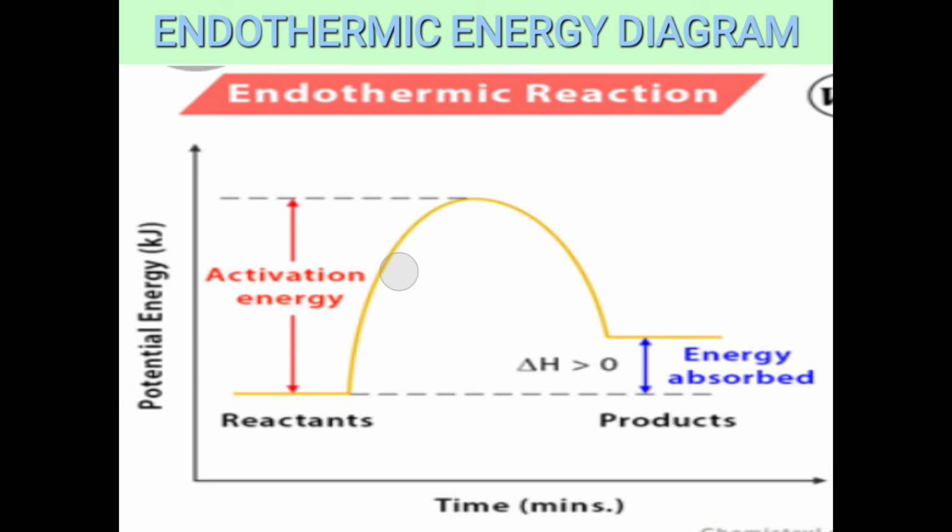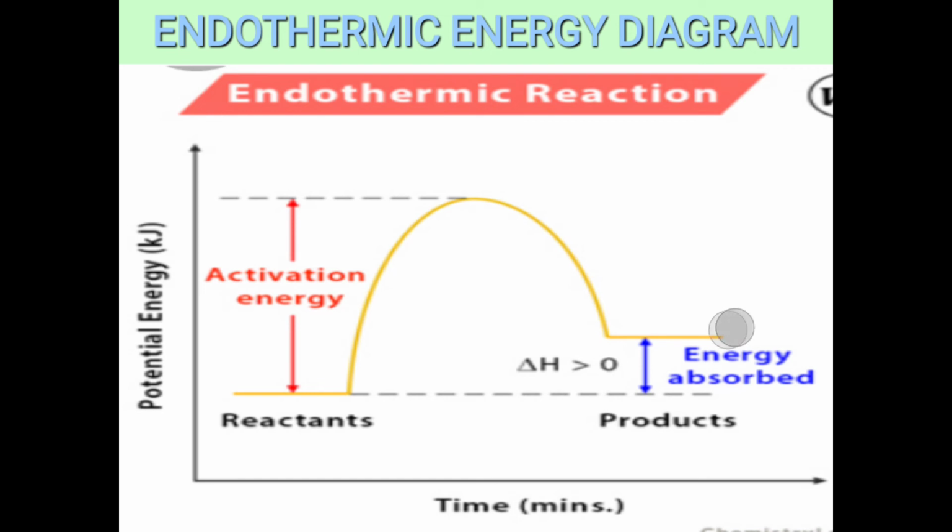And when the bonds are broken apart, these particles can collide with each other and a reaction proceeds. So here, if you are supplying heat energy to the reactants, they are going to take in energy and increase up to a maximum. The broken particles are now going to react together and we form products, but in this case, products are going to have more energy than the reactants.